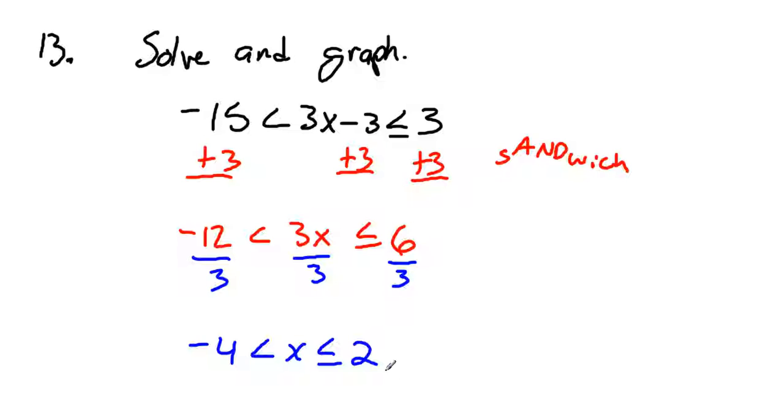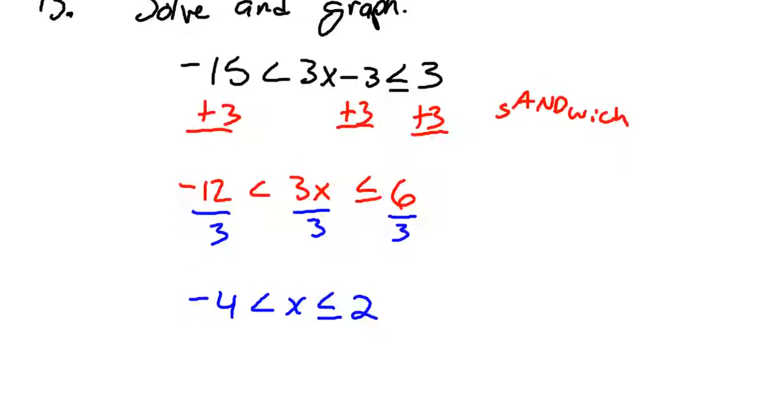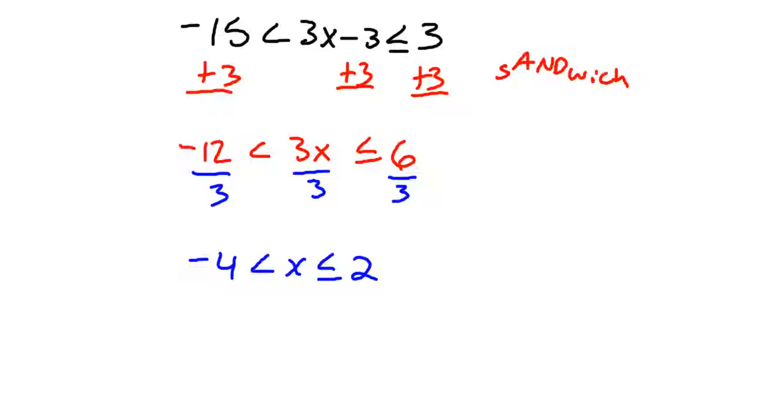So when we solve it, we've got negative 4 is less than x, which is less than or equal to 2. Okay, and there's your left hand and your right hand values that you're going to go from negative 4 to 2, open circle at the negative 4, solid circle at the 2, and then you're going to shade everything in between those two numbers.